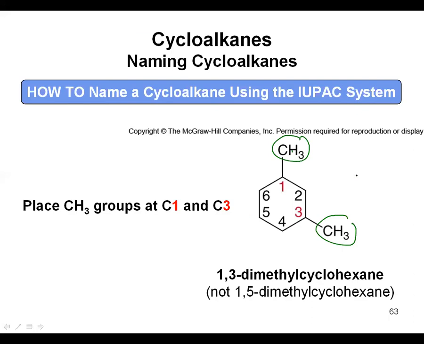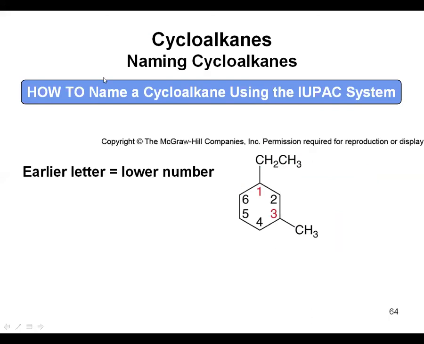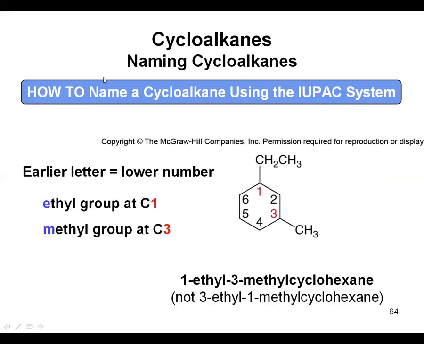And again, this is why it says not 1, 5, because obviously that's a much larger number if you went that way. So we would want to go clockwise in this case, giving us 1 and 3. We still have dimethyl because there are 2 methyl groups in it. And again, we do have numbering because there's more than one group attached. That was the guy we just did, I think.